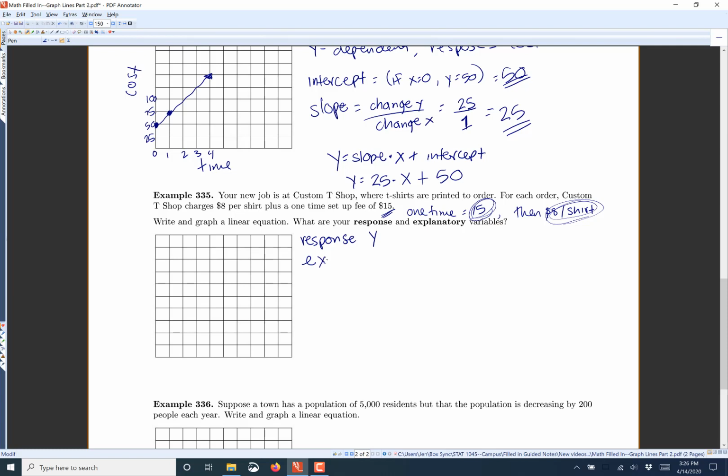Your explanatory is your X, what you'll use to explain it. So you probably want to predict the money or the cost. And you'll probably explain that with the number of shirts.